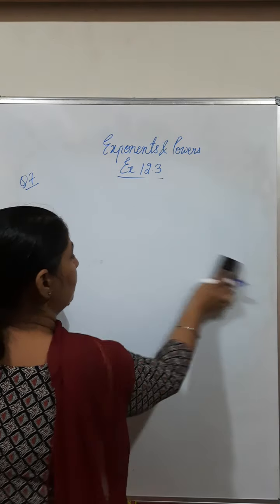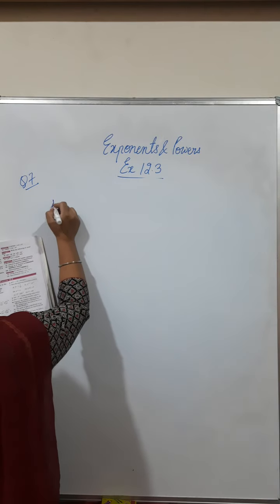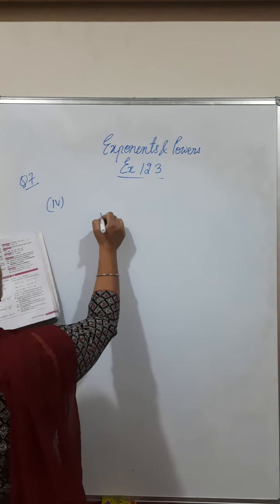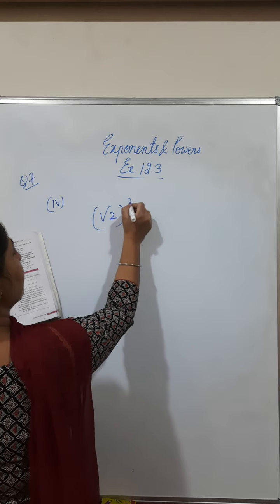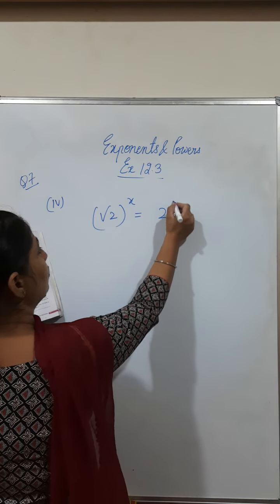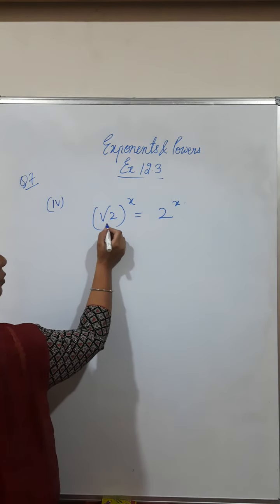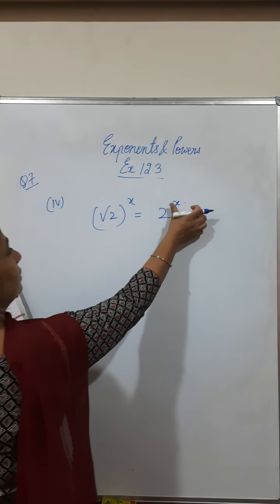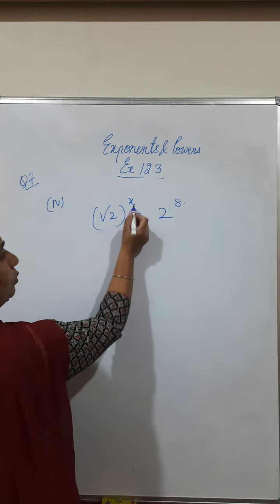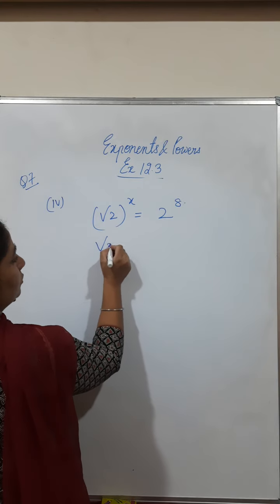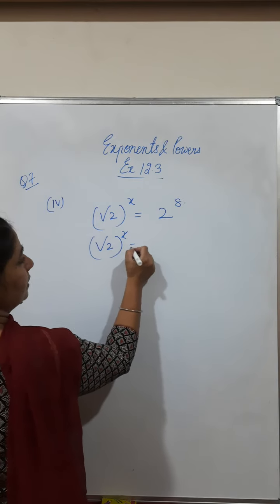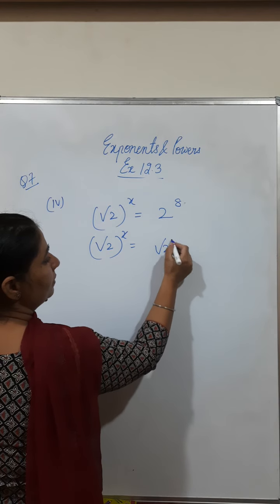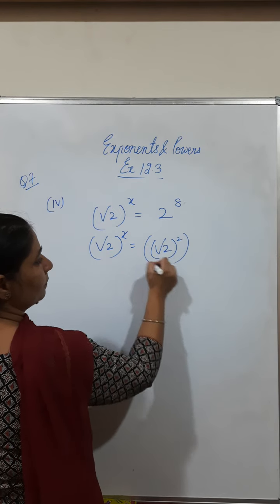Just see the fourth part, beta. In the fourth part, beta, what is given to you? Under root 2 raised power x is equal to 2 raised power 8. So you can write under root 2 raised to x is equal to 2 raised power 8. Now 2, beta, can be written as under root 2 the square.